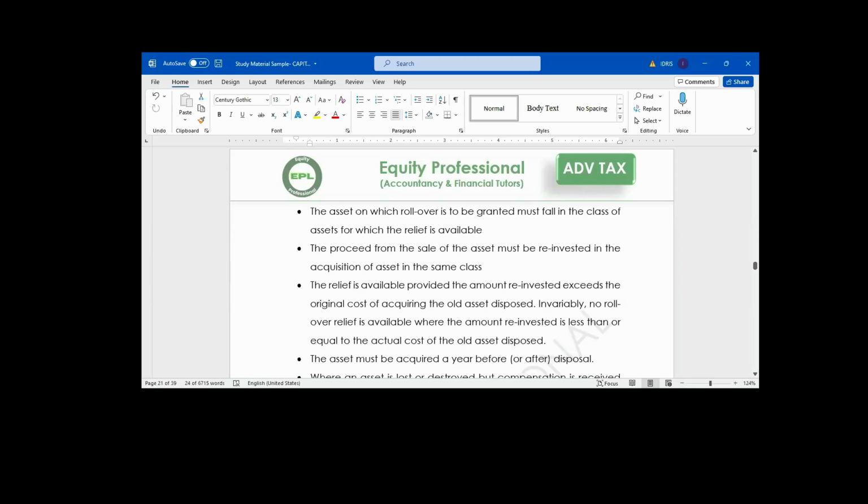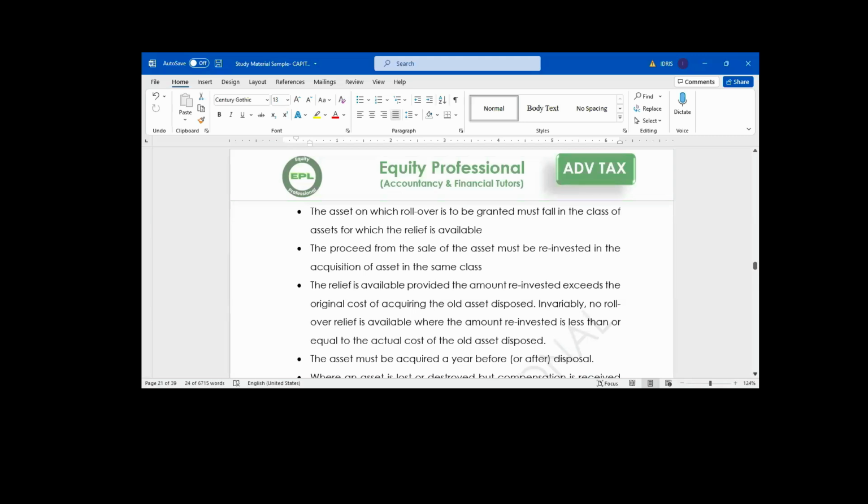The proceeds from disposal of the old assets must be reinvested in the acquisition of new assets, and that new asset must be in the same class. When you sell land and building, you must use it to buy another land and building.